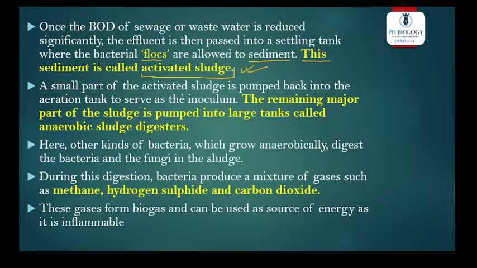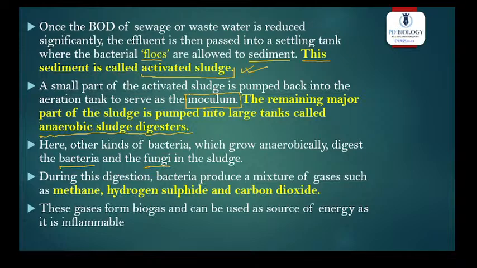A small part of the activated sludge is pumped back into the aeration tank to serve as the inoculum. The remaining major part of the sludge is pumped into a large tank called the anaerobic sludge digester. Here other kinds of bacteria which grow anaerobically digest the bacteria and the fungi in the sludge.